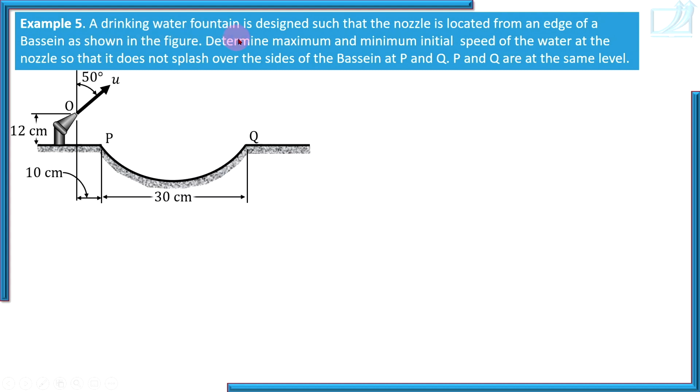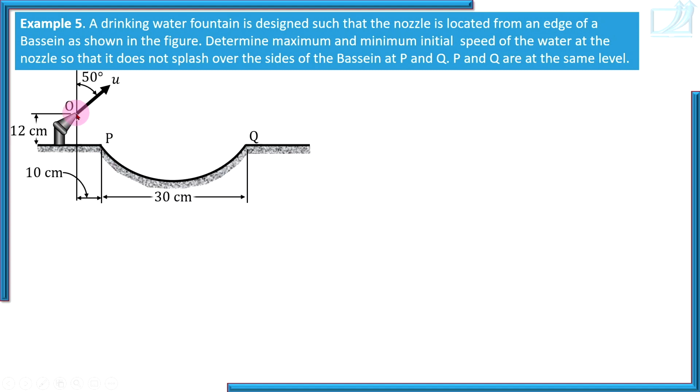Read this problem. A drinking water fountain is designed such that the nozzle is located from an edge of a basin as shown in the figure. Determine the maximum and minimum initial speed of the water at the nozzle so that it does not splash over the sides of the basin at P and Q. P and Q are at the same level.